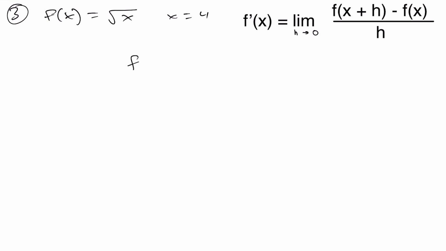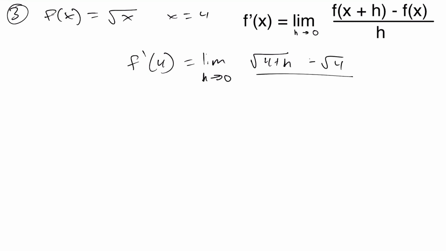We're going to do it a little bit differently now, though. Instead of f'(x), it's going to be f'(4), which is equal to the limit as h approaches 0 of the square root of (4 + h) minus the square root of 4, all over h.